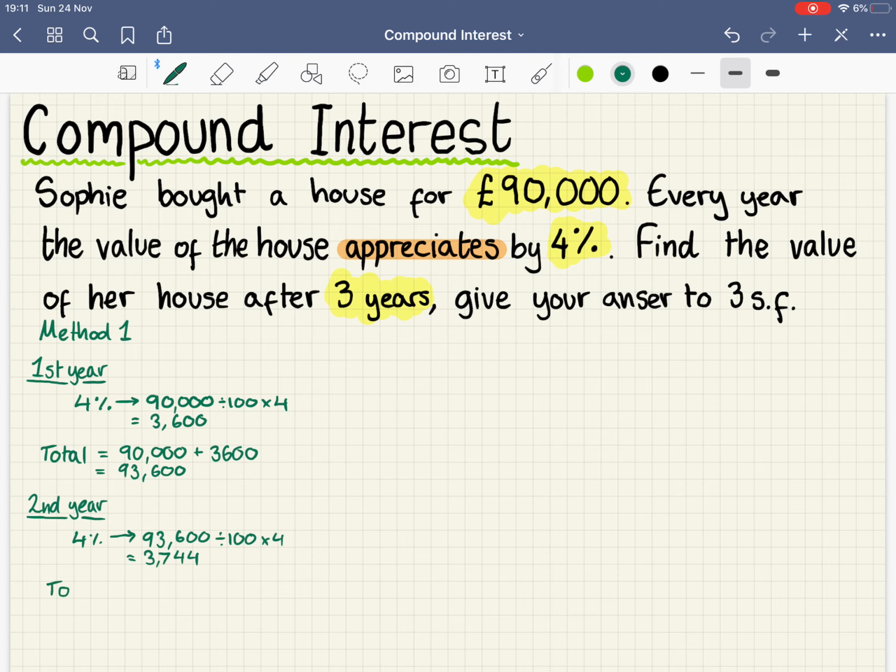And again, finding my total, taking that 93,600 and adding on the percentage I've just calculated gives me 97,344.